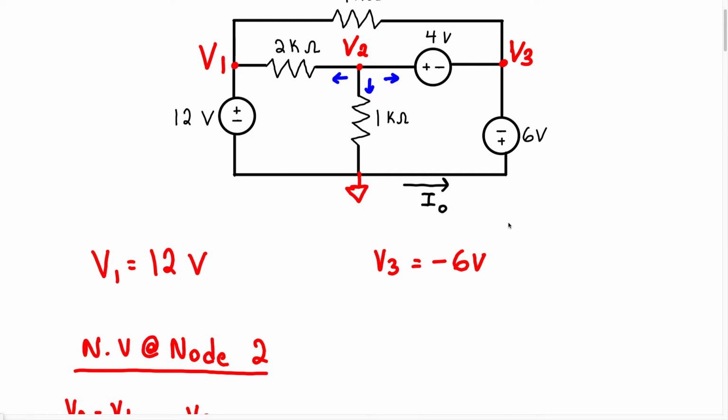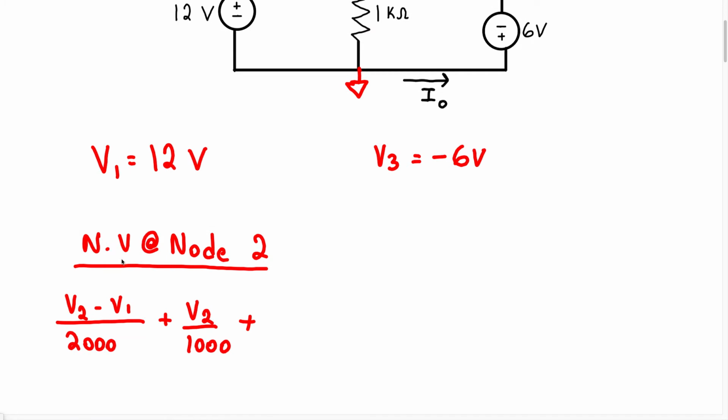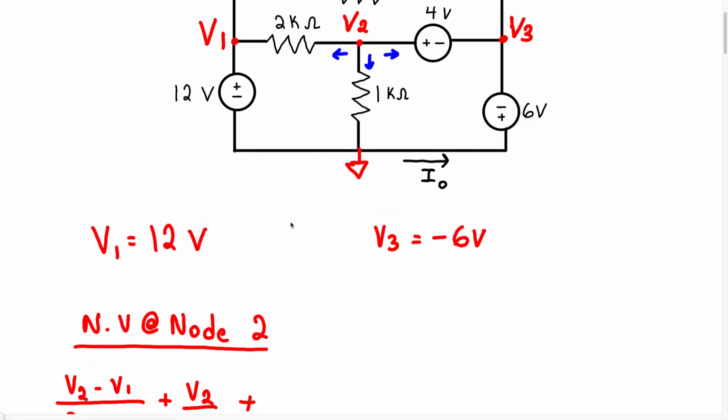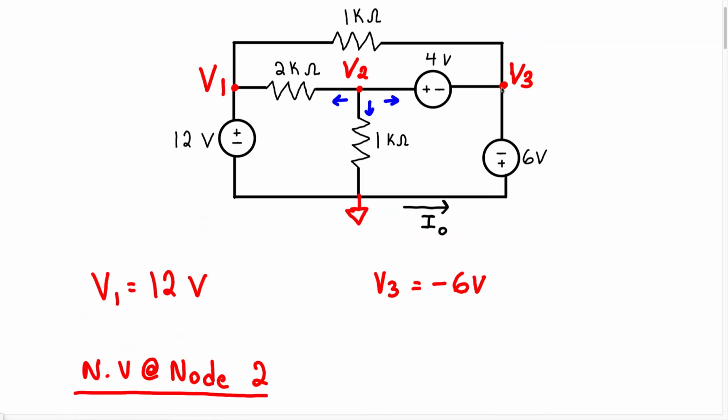So we have the voltage at node 1. We have the voltage at node 3. So when we look at this now, we don't even have to use the node voltage equation anymore to find the voltage at node 2. Now, because we can't do the supernode method, we have to rethink this. I know I started to write the node voltage equation for node 2, but we know what node 3 is going to be.